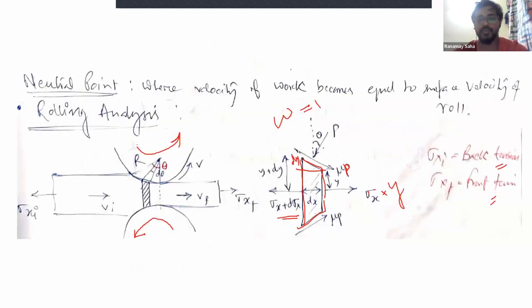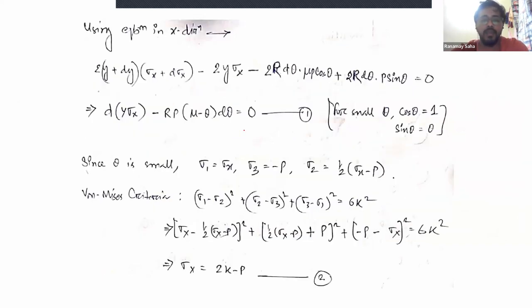What is that? That is mu P cos theta, your frictional force. So if you resolve these components, in this direction we will find mu P cos theta, and in this direction you would find P sine theta.